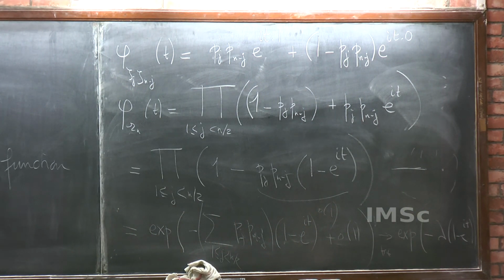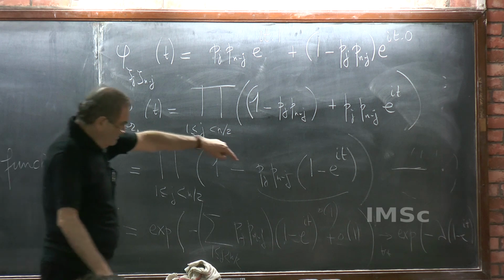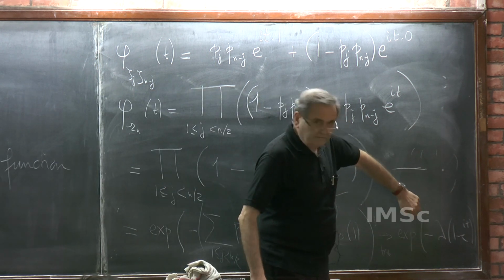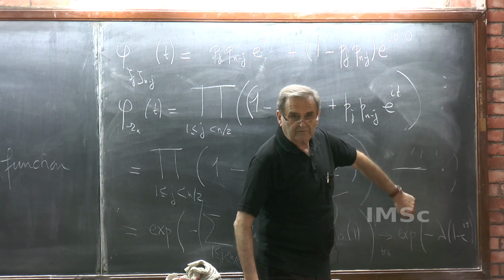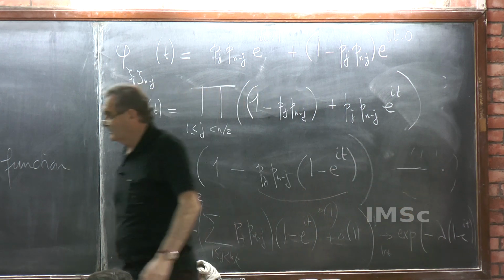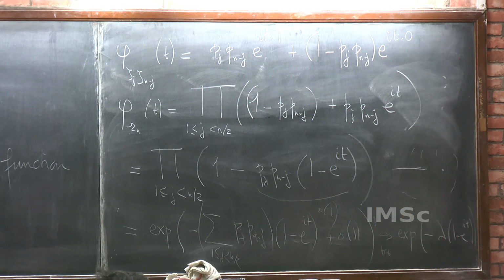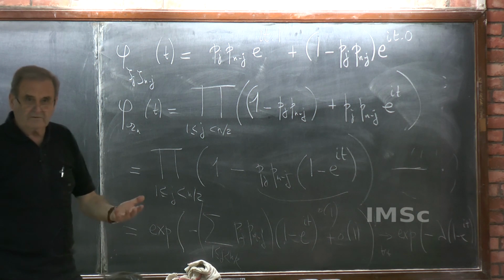So this is the characteristic function of the Poisson law with parameter lambda. Okay, so this is done now. You have this limit, and you have convergence in law because of Levy's theorem.